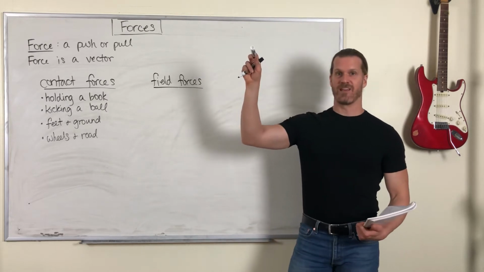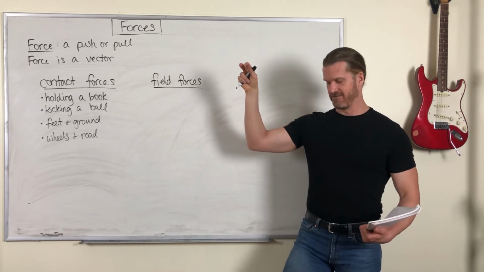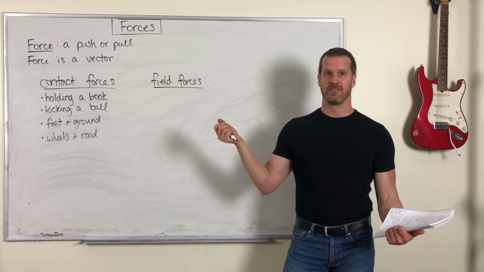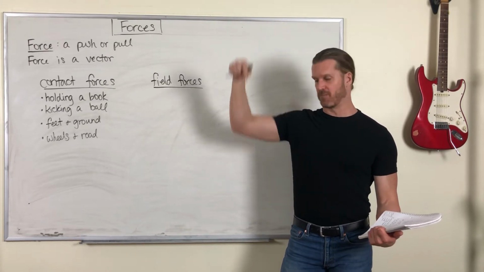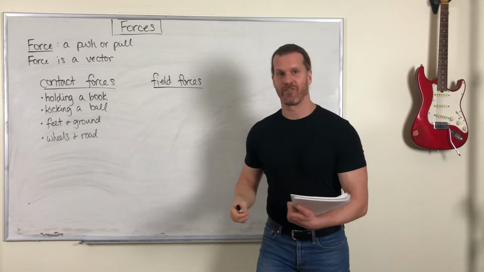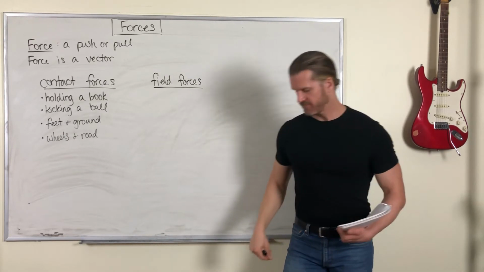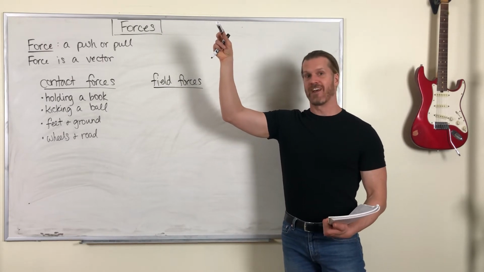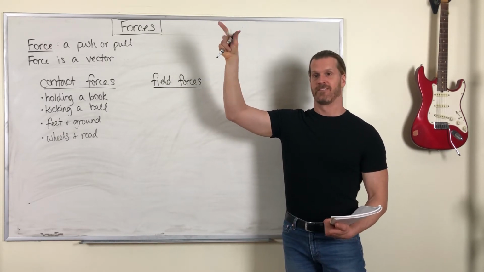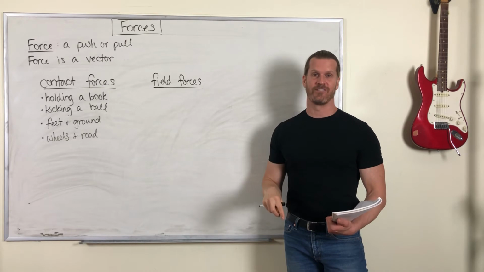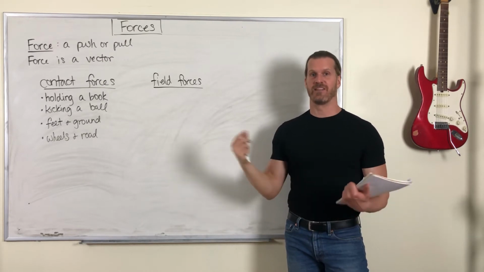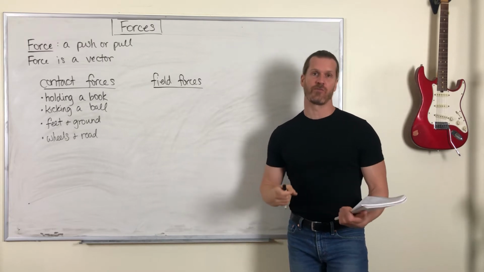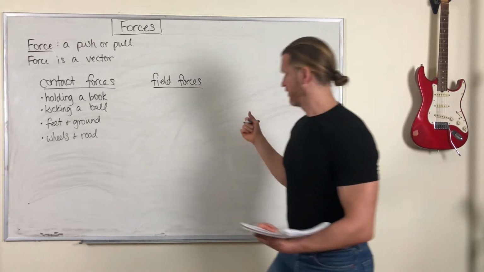If I take this pen and I drop it, there is a force of gravity on that pen. That pen is getting pulled by the earth toward the ground, but the pen is not in contact with the earth, at least when it starts to fall. Those two objects, the pen and earth, are not in direct contact, yet there's still a force between them. That's a field force.